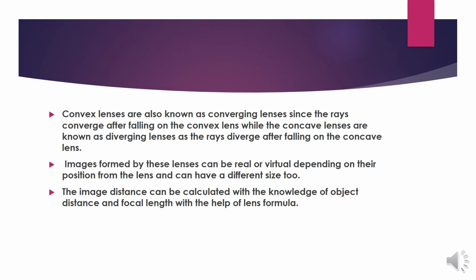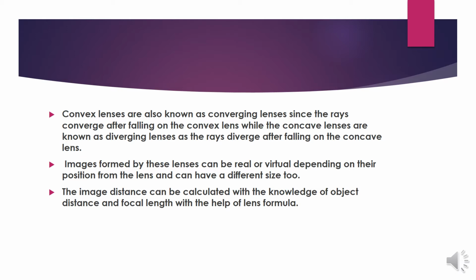Convex lenses are also known as converging lenses since the rays converge after falling on the convex lens, while the concave lenses are known as diverging lenses as the rays diverge after falling on the concave lens. Already this concept is imparted.